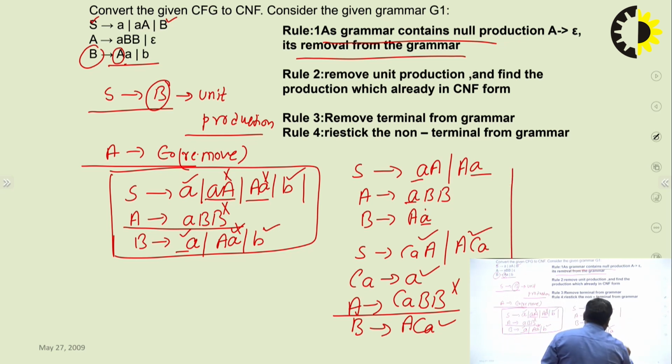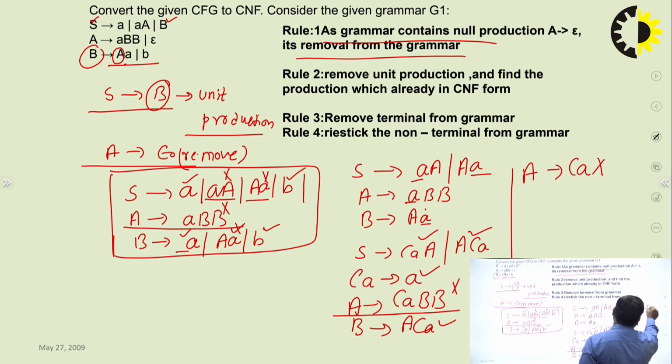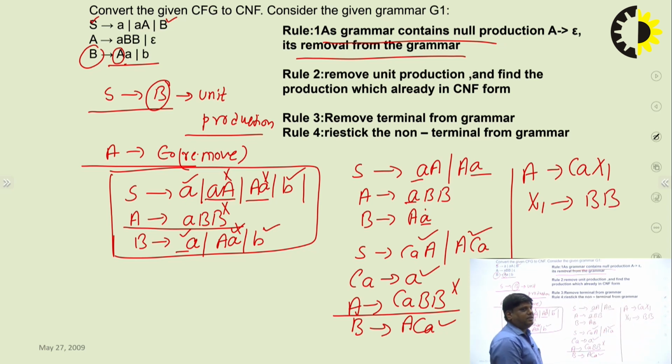What is the final answer? A tends to CA X1 and X1 tends to BB. Now we conclude the final answer. These are the 9 productions I have written: production rule 1, production rule 2, production rule 3, production rule 4.